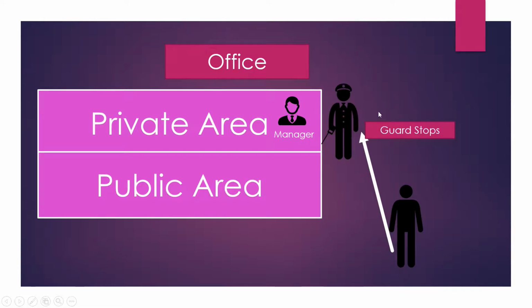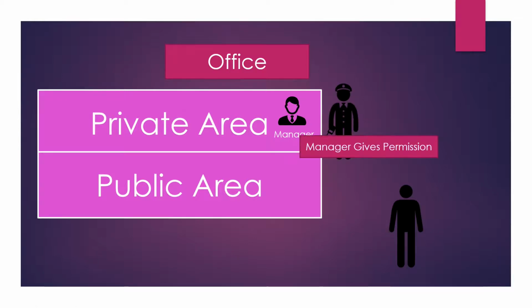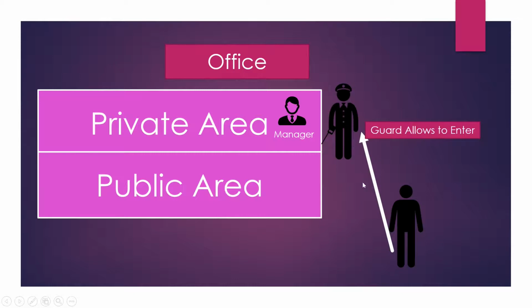Only then will the guard allow this person to enter the private area. The manager grants permission to the visitor, and then the guard allows him to enter the private area. So that is the imaginary concept of guarding.